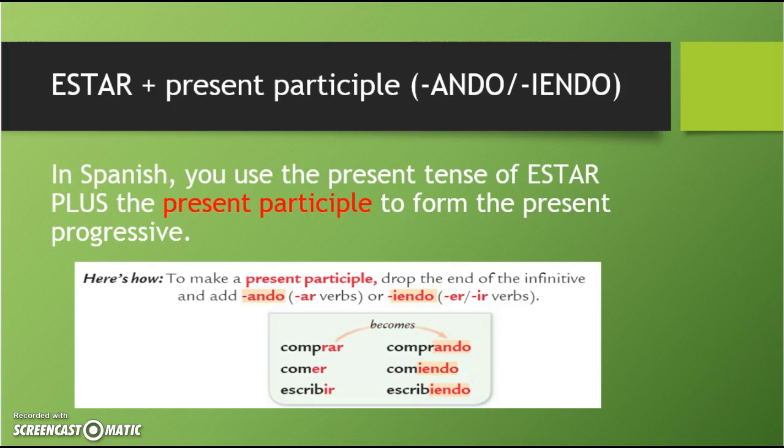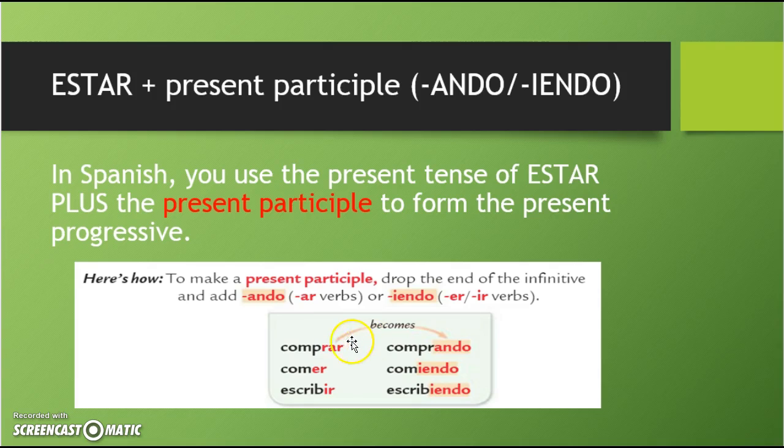So, I will drop the infinitive ending and add ando for an AR verb or iendo, I-E-N-D-O, to an ER or IR verb. So, comprar is going to become comprando. If I have comer, I'm going to have comiendo, and escribir, escribiendo.